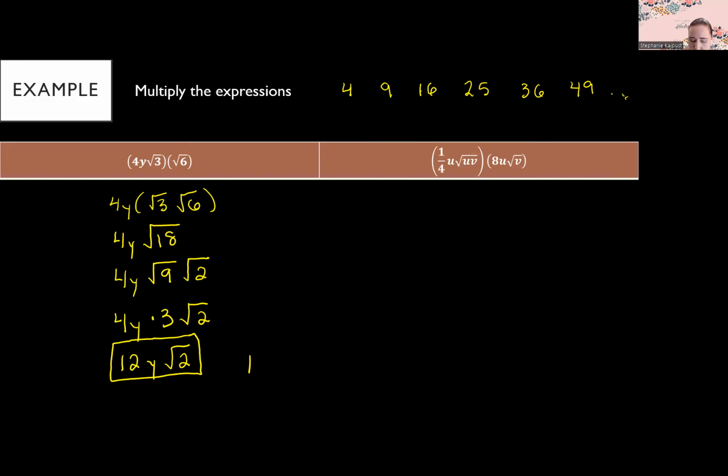So like if I had written 12 square root of 2 and then a y, if you were kind of messy with your square root, you might be wondering, is that y in or outside the radical? If you're not very clear with where your radical symbol ends. So we like to put the variable in front of the radical so it's very clear that it is not inside the radical.